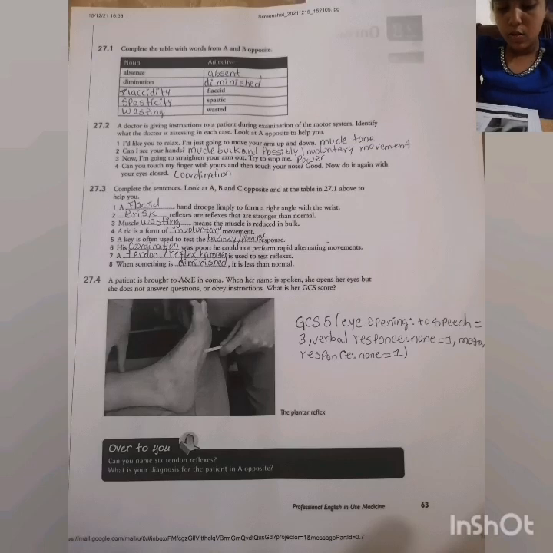3. Muscle wasting means the muscle is reduced in bulk. 4. A tic is a form of involuntary movement. 5. A stroke is often used to test the Babinski plantar response. 6.